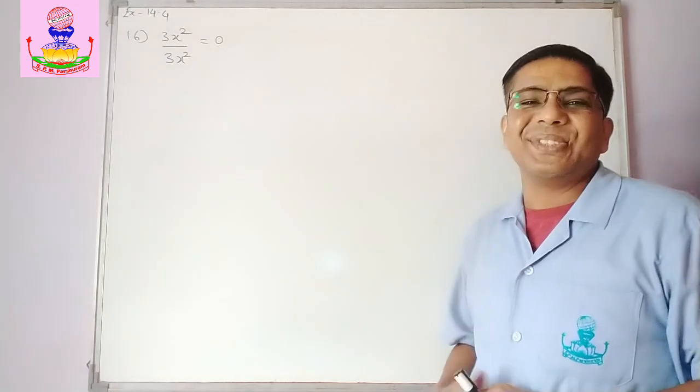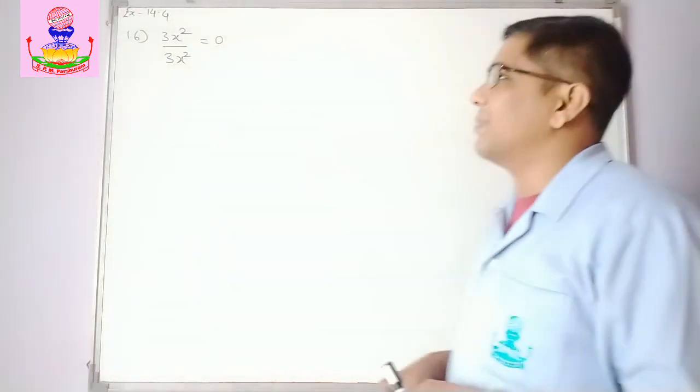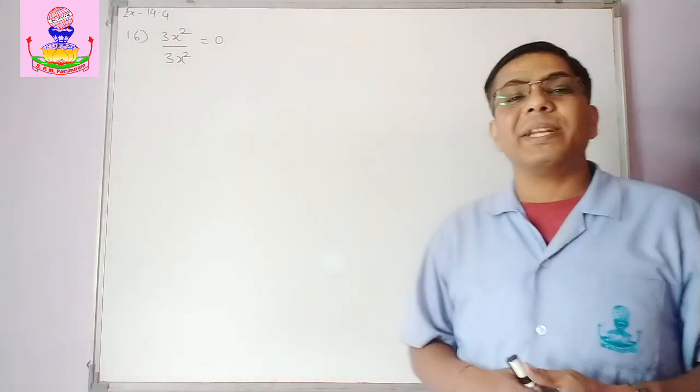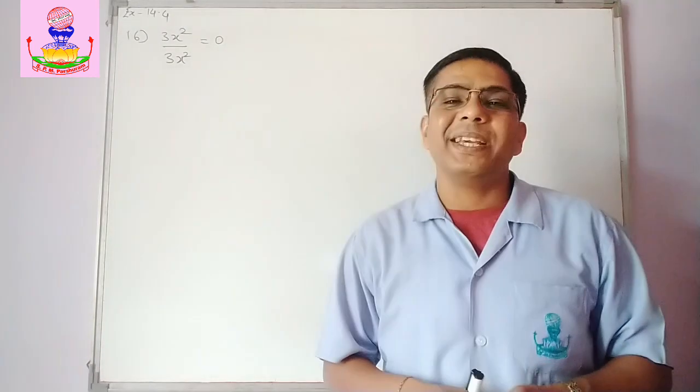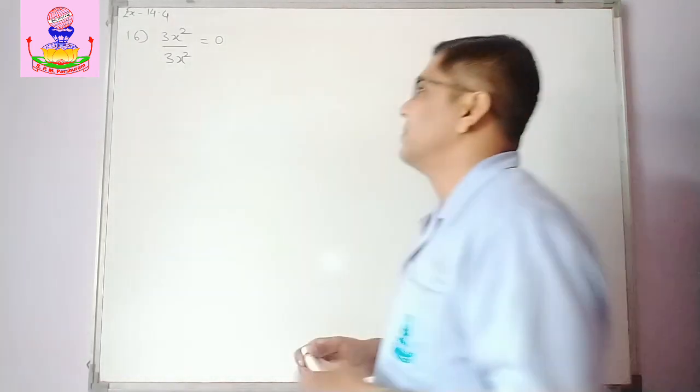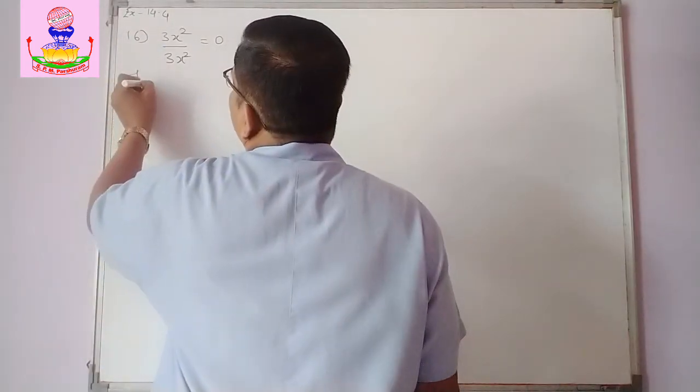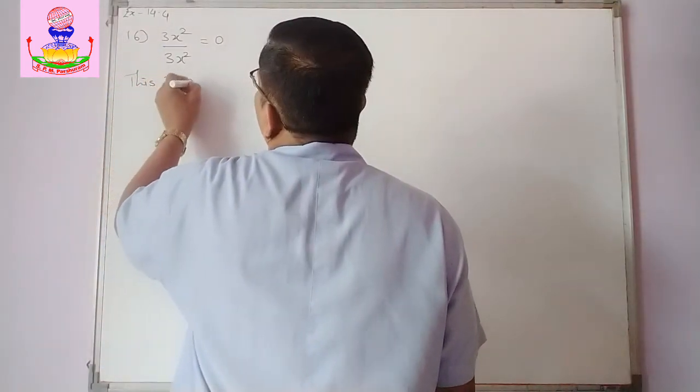Now see, 3x square upon 3x square is equal to 0. Is it correct? Of course not, because when numerator and denominator are the same, when they are divided the answer is going to be 1. So this is an incorrect statement.